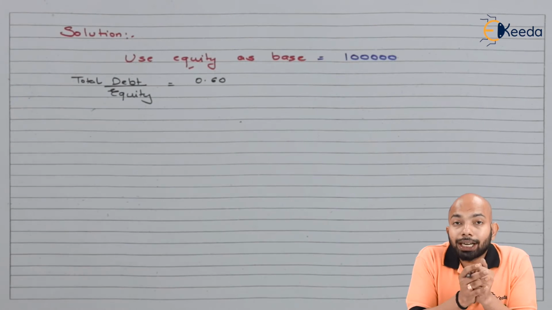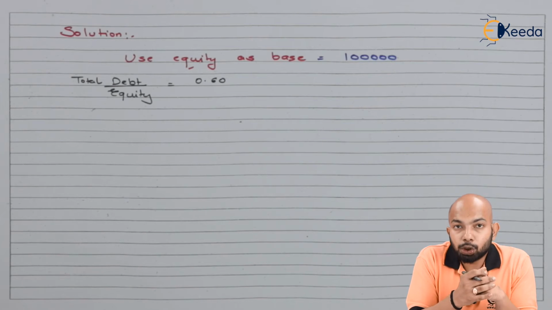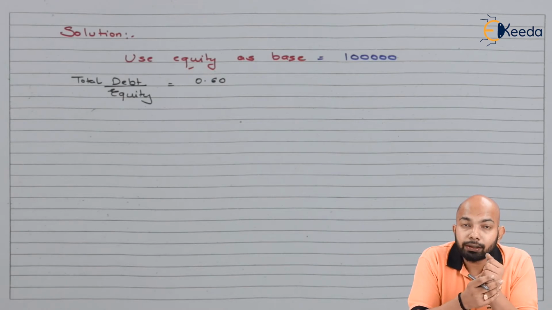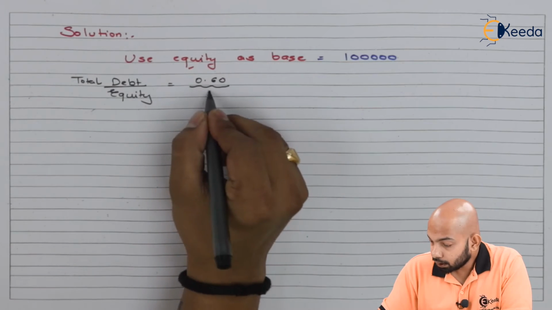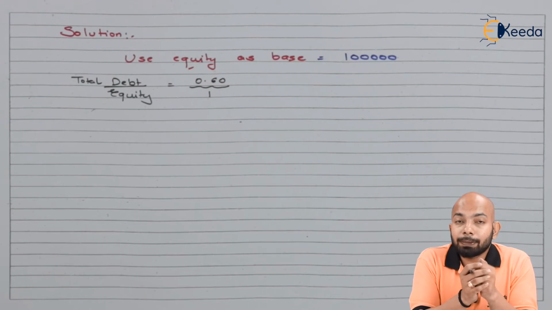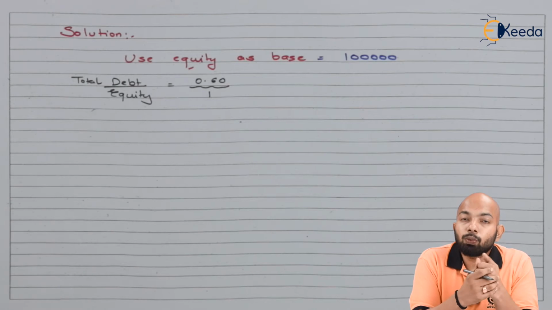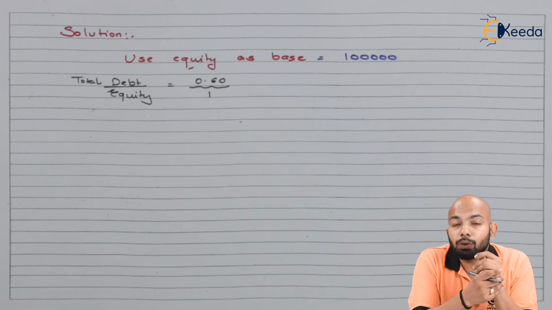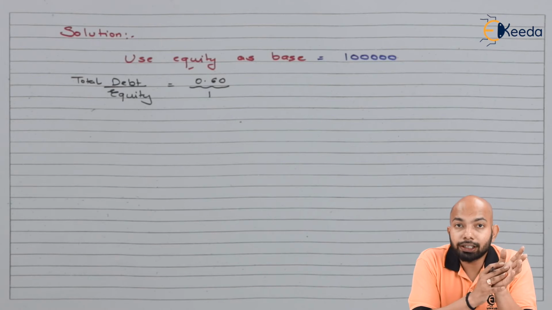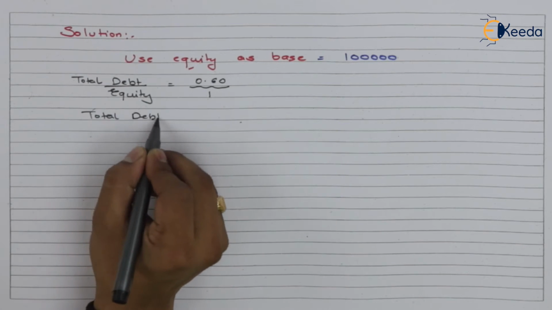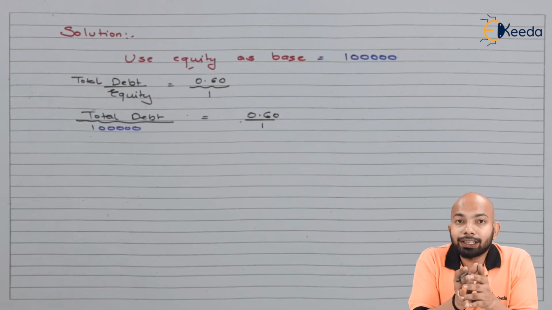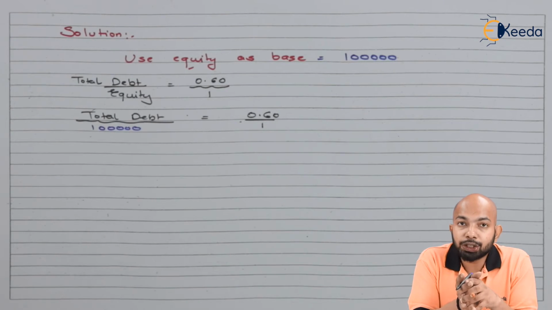So the ratio that has been provided, that is 0.60 is to 1, which is total debt to equity. This is the ratio that is provided. If there is nothing down there, that means 0.60 upon 1 is what we can assume. Now in this you have the equity value given, so you can find out the total debt. Whatever has been provided, that is owner's equity, that is 1 lakh, has been mentioned in blue.